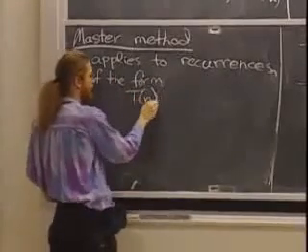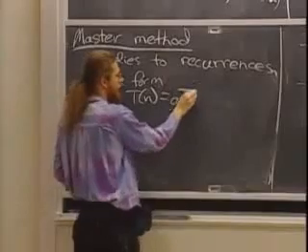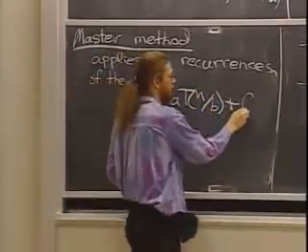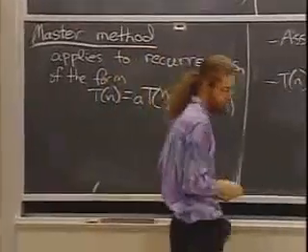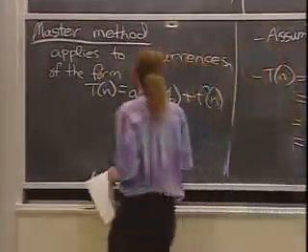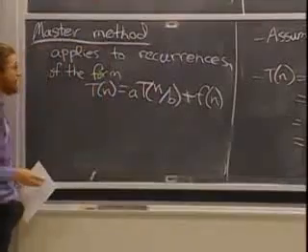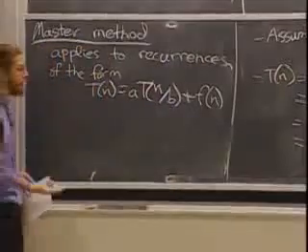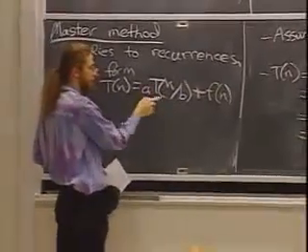So it should be T of n equals a, some constant a times T of n over b plus some function of n. We're going to call it f. So in particular, it will not cover the recurrence I just solved because I was recursing on 2 different problems of different sizes. Here, every problem you recurse on should be of the same size.